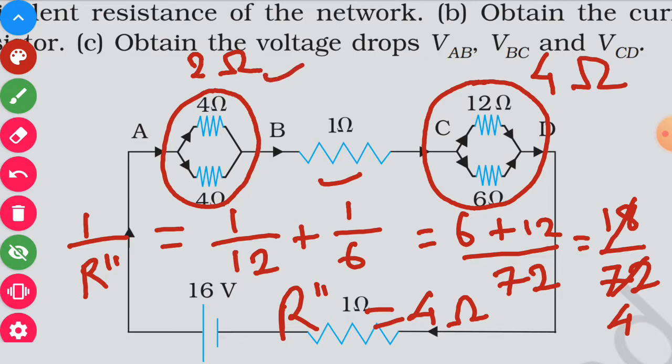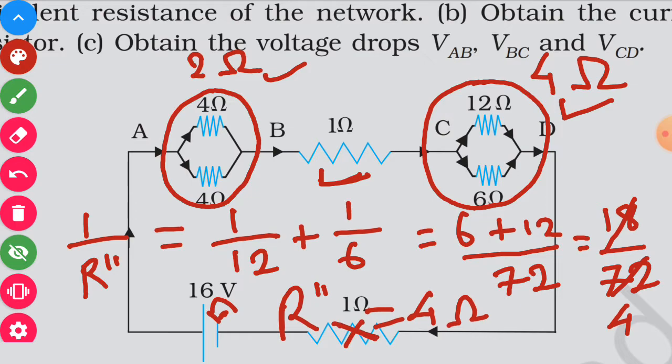Now this 2 ohm, 1 ohm and 4 ohm, they all are in series, they are in one line. This 1 ohm resistance, that is the internal resistance, we are not considering right now, because it is the internal resistance of the cell. We want to compute the resistance of the network. At that time you have to take the external resistances only.